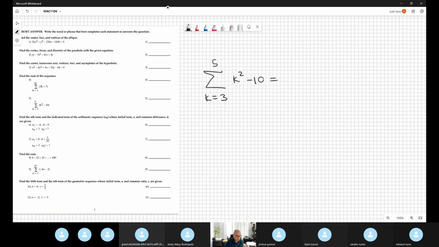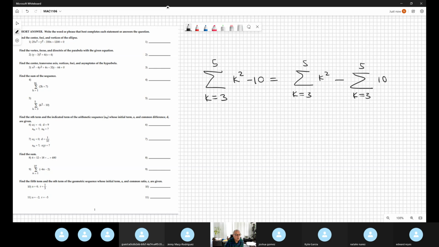So I need to break it down. You break it down: the summation from k equals 3 to 5 of k squared minus another summation from k equals 3 to 5 of 10.